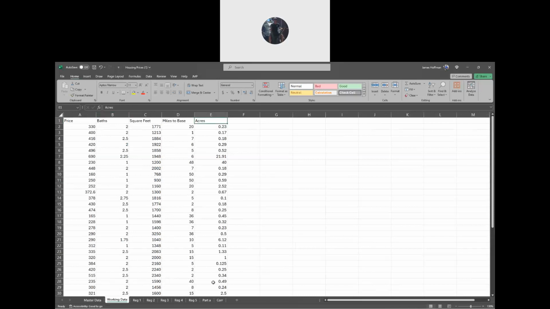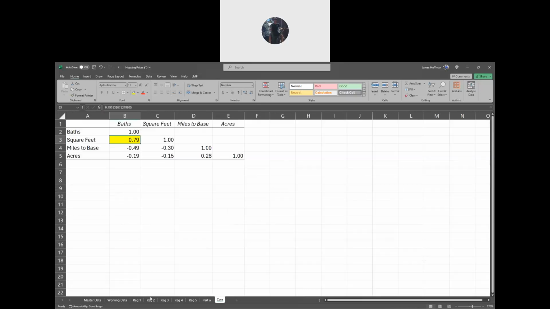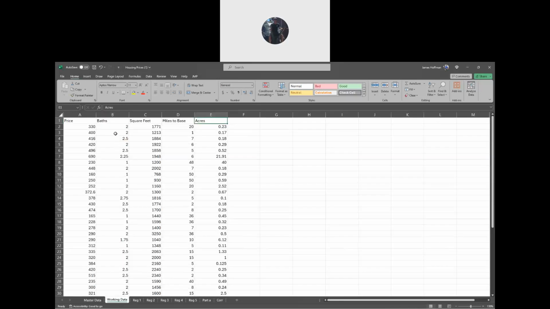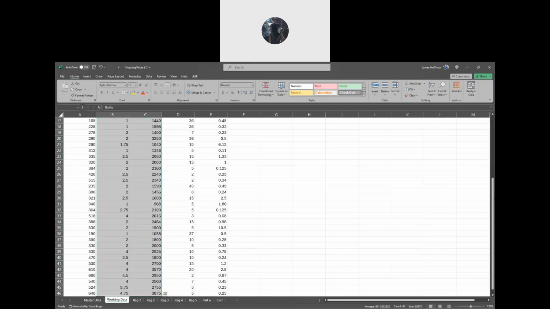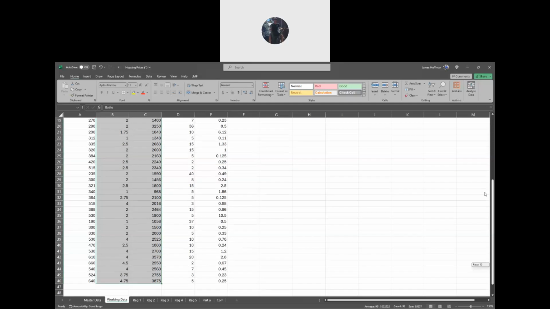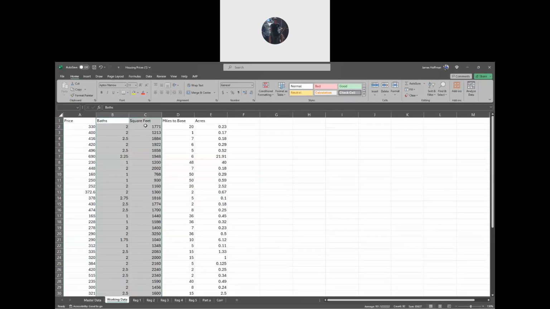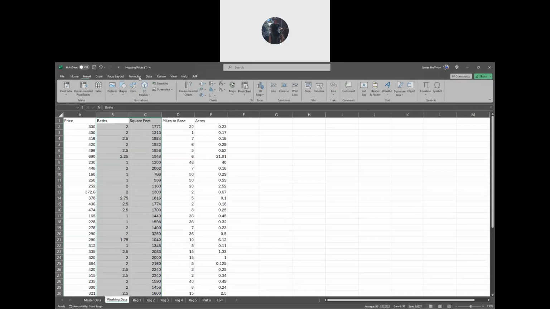Choose B1 to C46, the entire B and C columns for BAS and square feet, then the Insert tab, the little scatter plot chart, and then scatter.